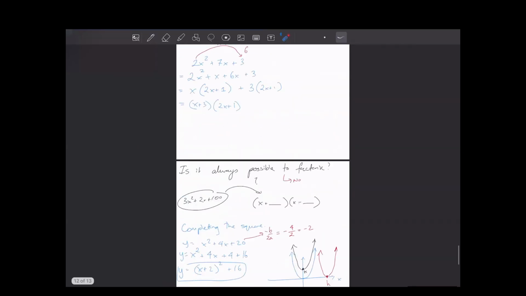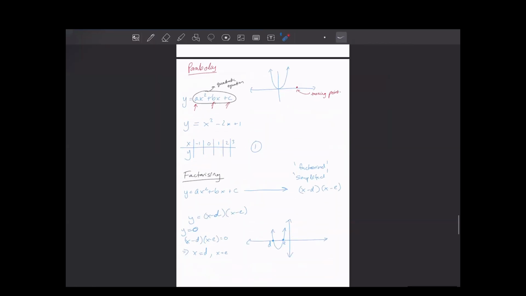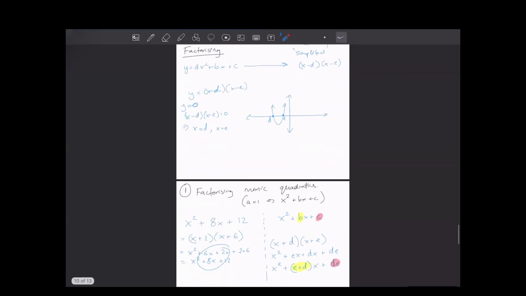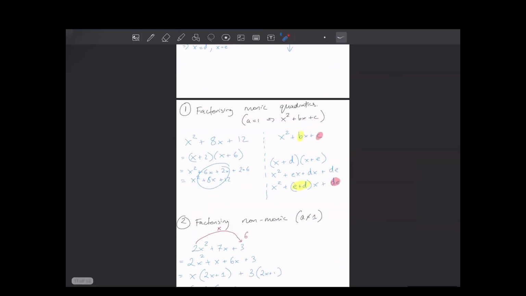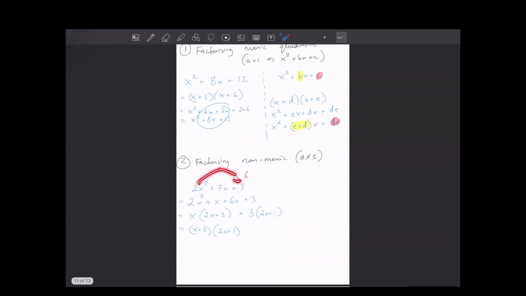I feel like that was a lot. So quick recap. Parabolas, equation to graph. You can always sub in points, but factorizing is the quicker way. We can factorize monics by looking for two numbers that multiply and add to give this. That gives your answer immediately. If it's non-monic, you've got to do this extra step of multiplying it.